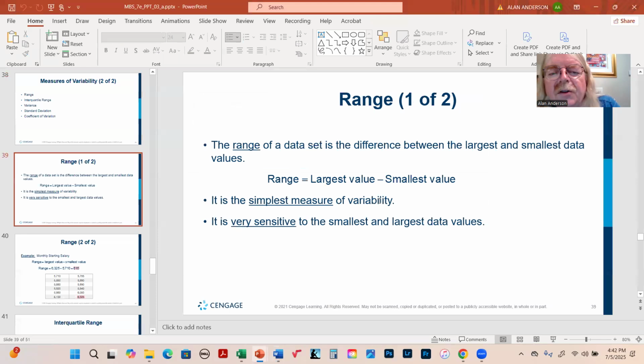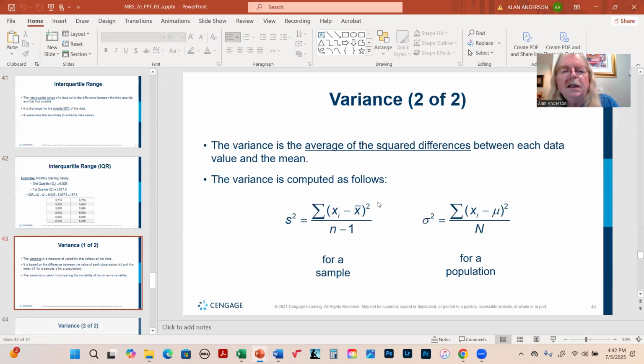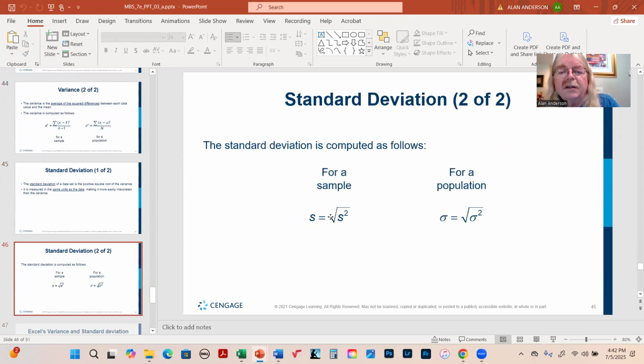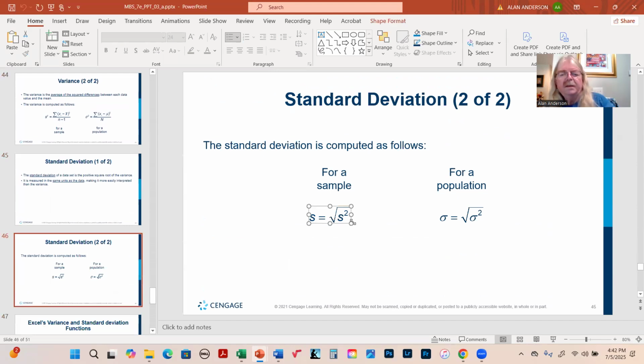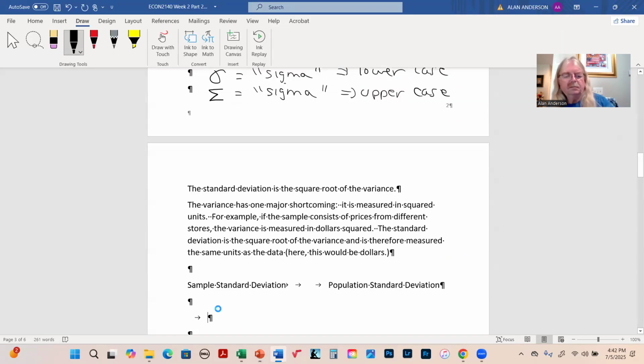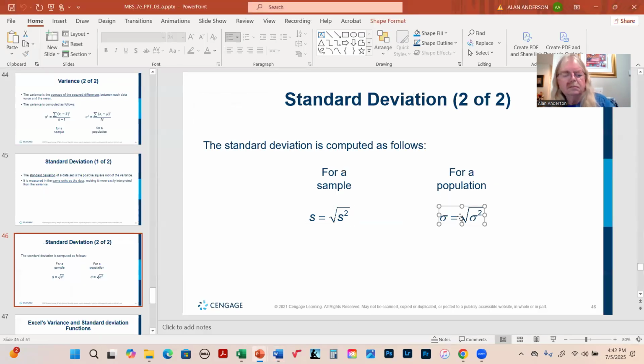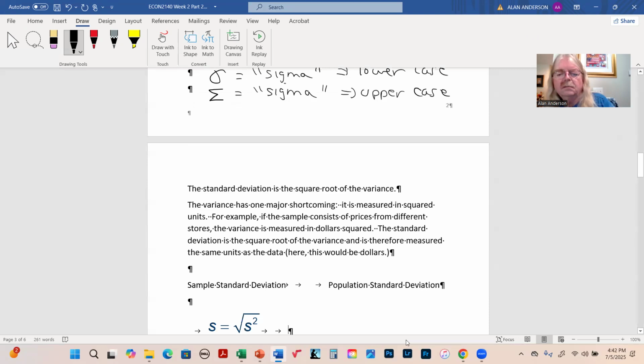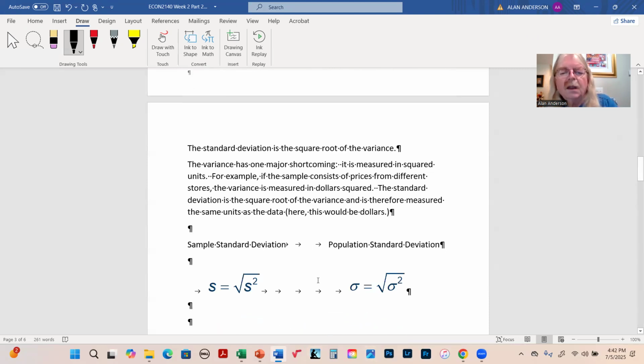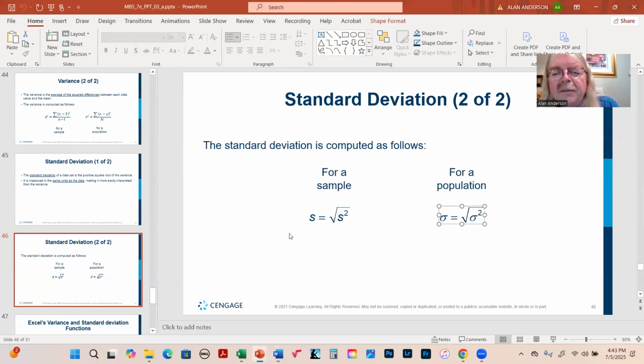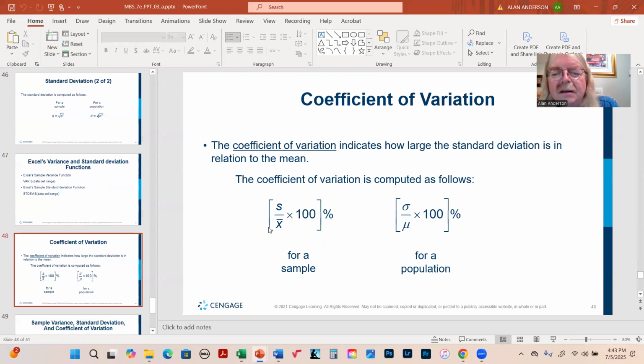It should be no surprise to see that you just take the square root. Okay, great. So now I'm sure they must have an example waiting for us. Here we go. Well, maybe not. We'll get to that in a minute.